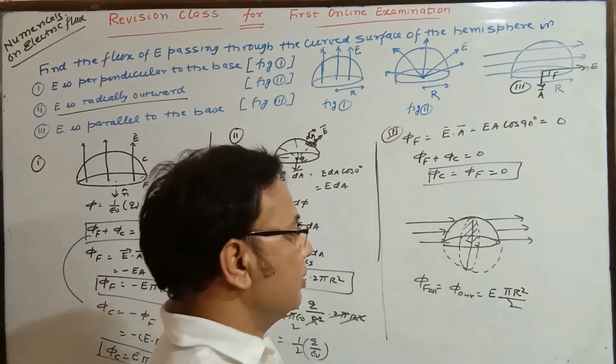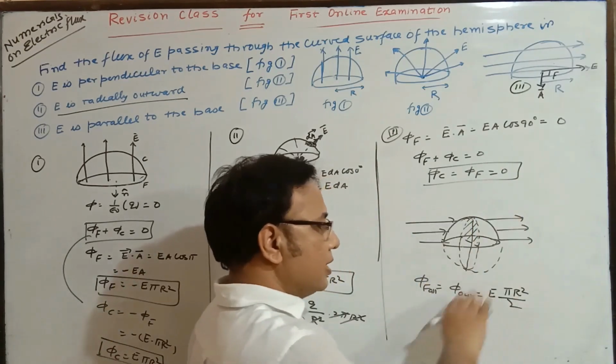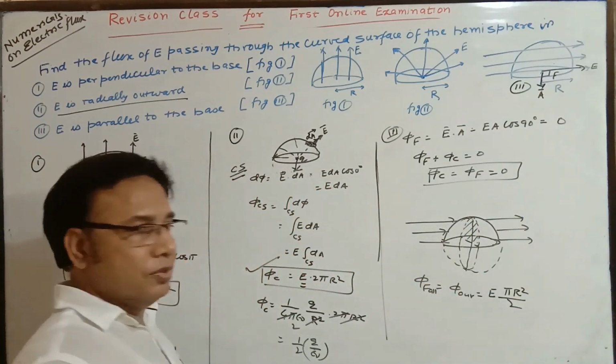But the amount of flux falling on it or coming out is πr² divided by 2 into E.